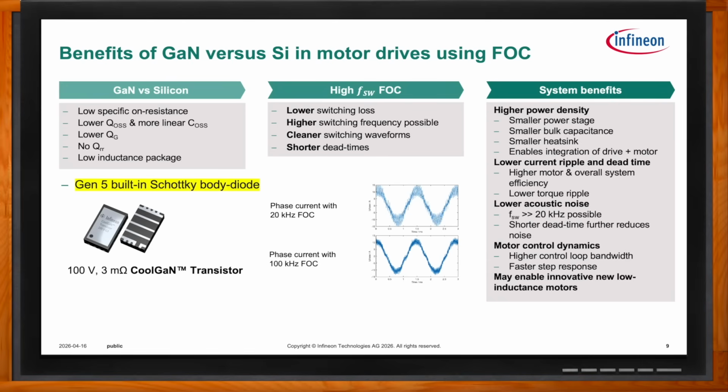And second, the Schottky contact has a much lower forward voltage drop than even the silicon. So you get the best of all possible worlds and kind of remove the final roadblock of why use GaN or not. At this point, it's a smaller device. It has lower gate charge, much faster switching, and now even a better body diode than any silicon. So what can you do with that?